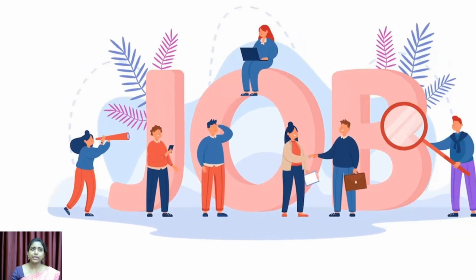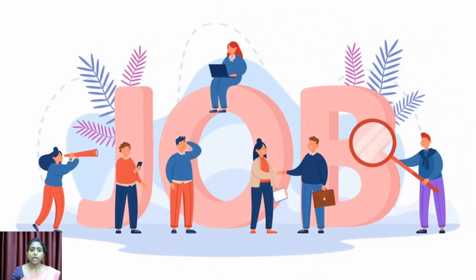So for example, you'll be telling, I was working in so-and-so company for 2 years. For example, you can also say, for the past 2 years, I have been working in Madurai Kamaraj University as an assistant professor in the Department of English. So this is how you'll have to talk about your experience.